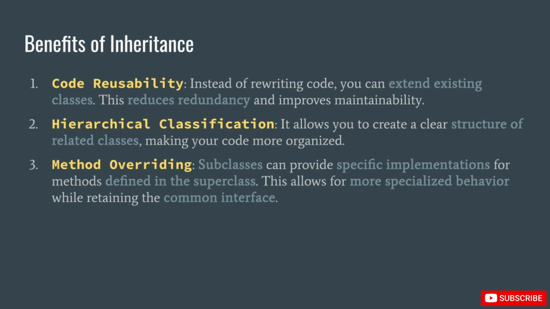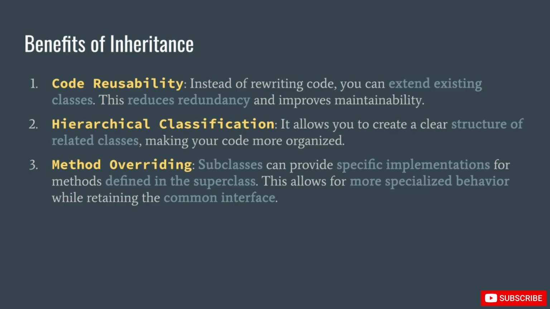First, code reusability. Inheritance allows us to extend existing classes rather than rewriting code. This reduces redundancy and enhances maintainability, as we can leverage existing functionality in our new classes. Next, hierarchical classification. Inheritance helps us create a clear structure of related classes.